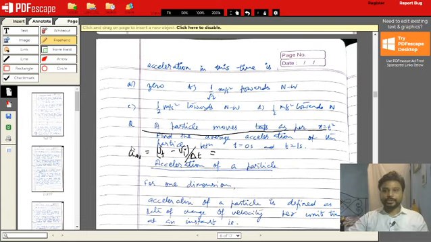So we have to differentiate x equal to t square, that is 2t velocity, and t equal to 1 second would be the final velocity. So we put t equal to 1 here, so that would be 2 minus the velocity at 0 seconds. We substitute value of 0 over here, that would be 0, divided by the time interval, which is 1 second. So the average acceleration becomes simply 2 meter per second square.